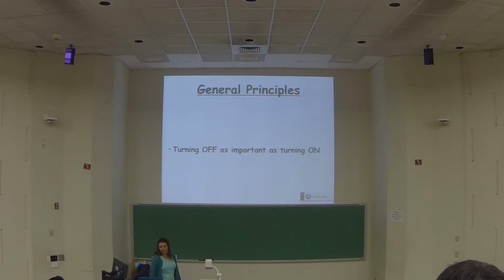And then the final thing about G proteins: once you turn that pathway on, turning it back off is just as important. When there are errors in signal transduction, and you can't turn these pathways off, that generally leads to pretty serious health issues.